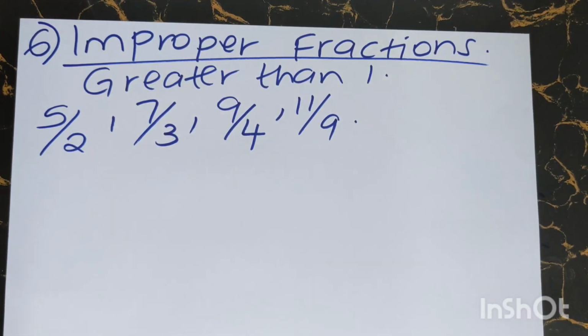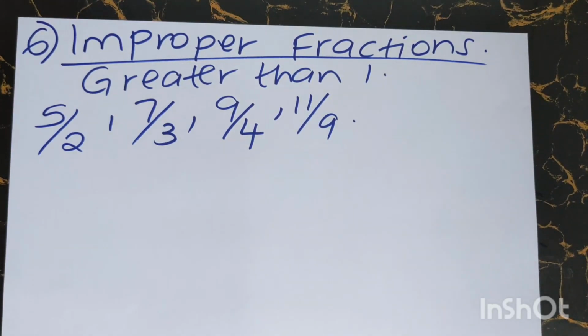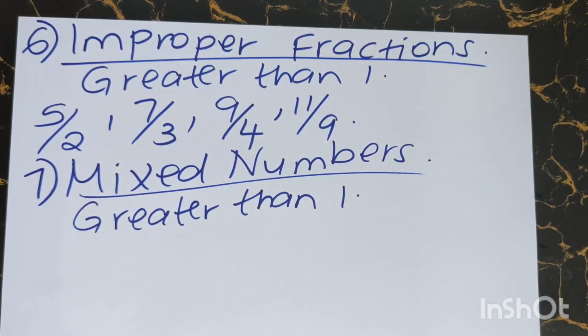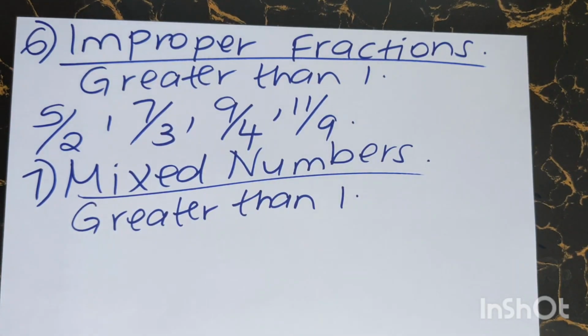So the last type of fractions that I'd like us to talk about today is what we call mixed numbers. And mixed numbers, just like improper fractions, are always greater than 1. So mixed numbers, just like the name suggests, is a fraction that has a combination of a proper fraction and a whole number, okay?